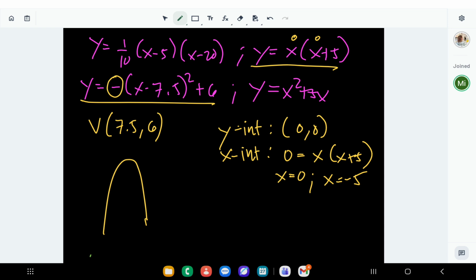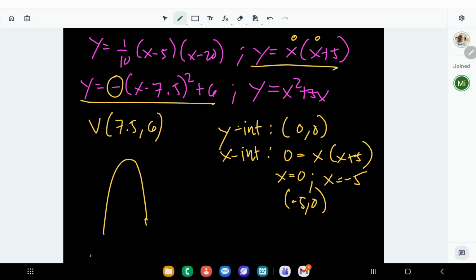Okay, it's not graph A. And (0, 0). Is that negative 5, 0? It's not. So it's not letter A. So I think function 2 is not in the graph.